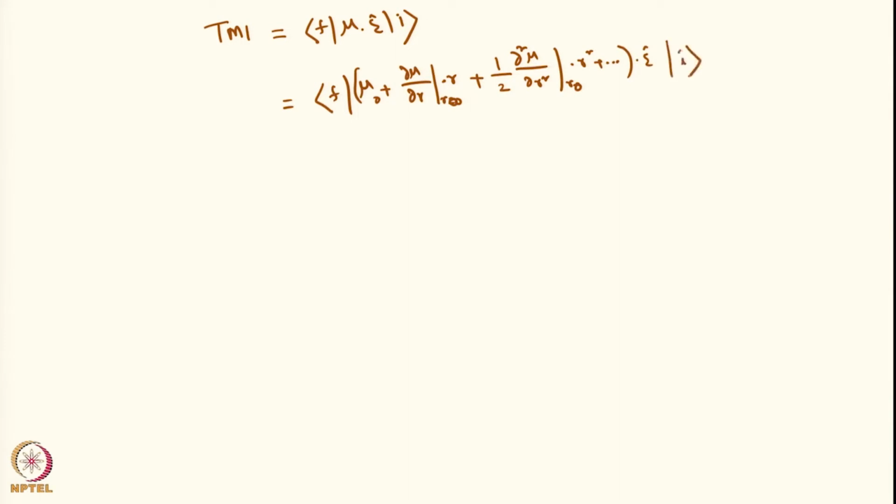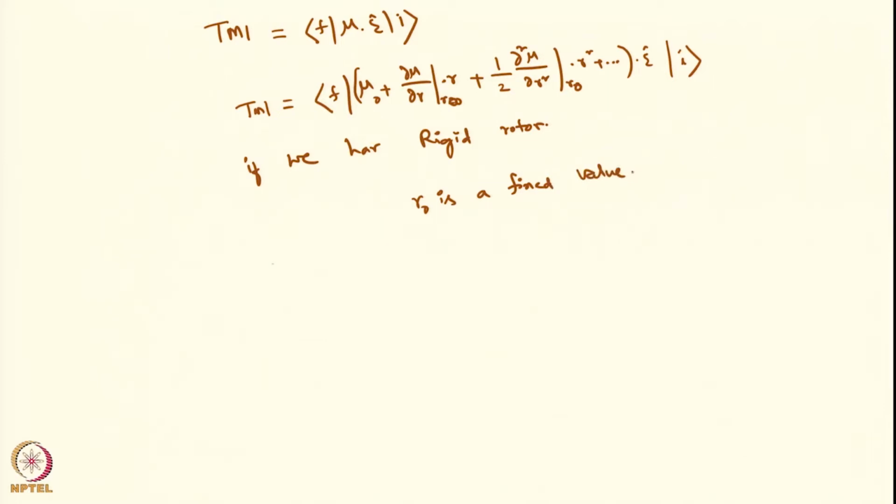Now if you take the rigid rotor TMI, of course the R naught is a fixed value. Therefore, the derivatives with respect to R will not exist.